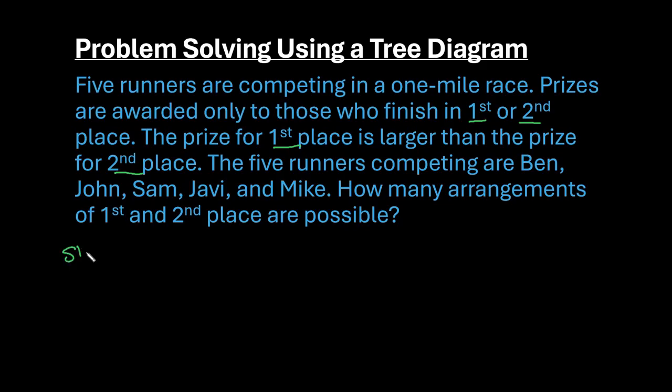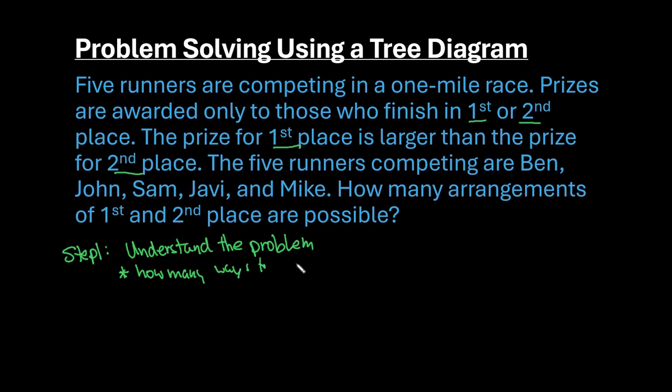So again, step 1 is understanding the problem. Part of that is reading through, which we already did, and I went through and I organized. So understanding the problem is finding out how many ways to arrange first and second.